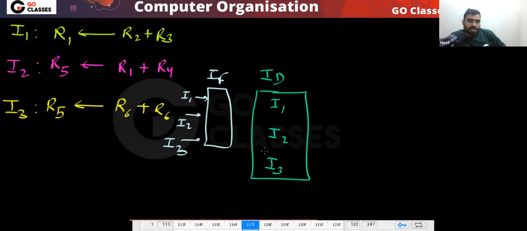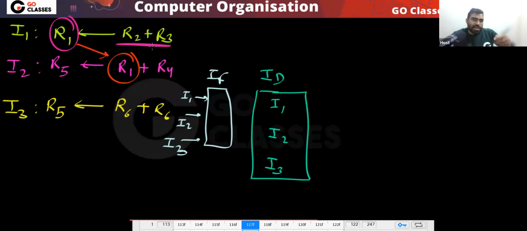Tell me one thing. When you are decoding, this value should be read, but where will this value be available? In the decode stage, will this calculation happen? This calculation will not happen.